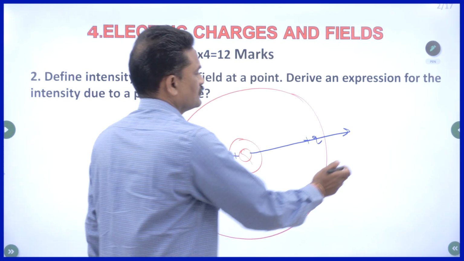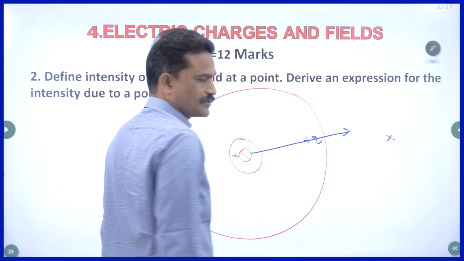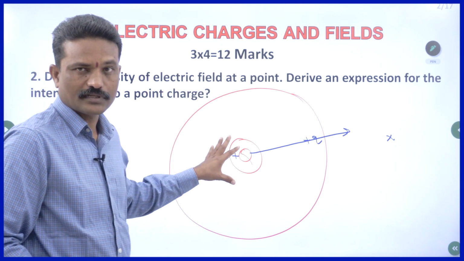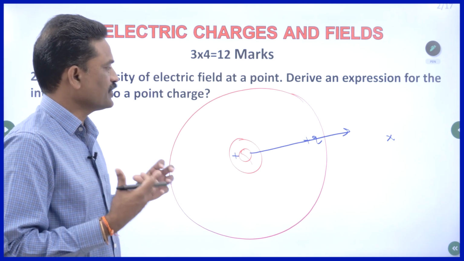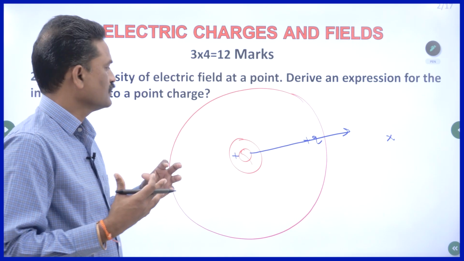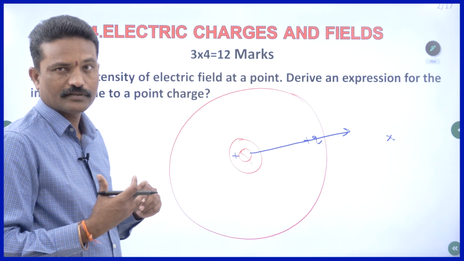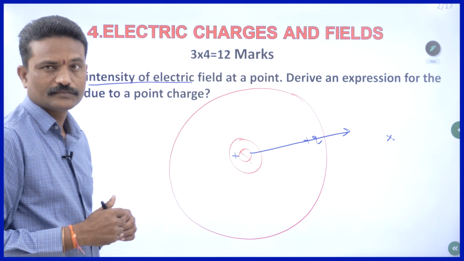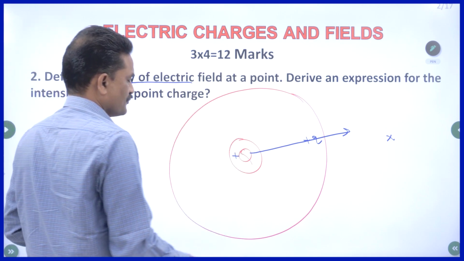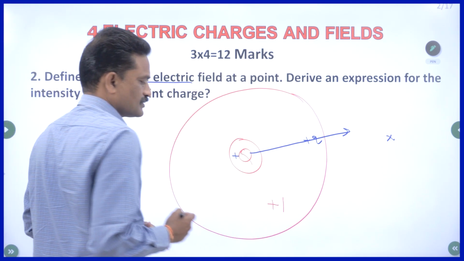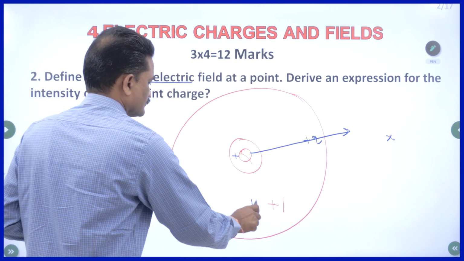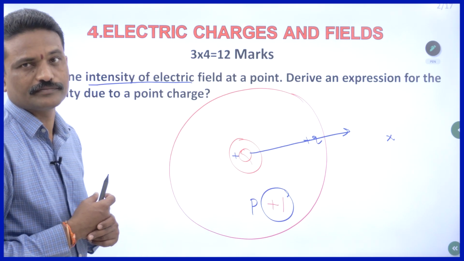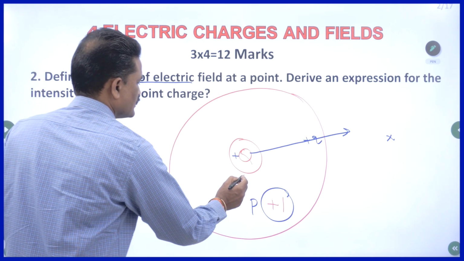Now here there is no effect, so there is no electric field. Only within this circle, I will feel some effect of this charge Q. Now, how much effect or how much force is acting at a particular point? That force is called intensity of electric field. So how to define it? In this electric field, I place a unit positive charge at a point P, in the field of another charge, capital Q. Then how much force acts on this?